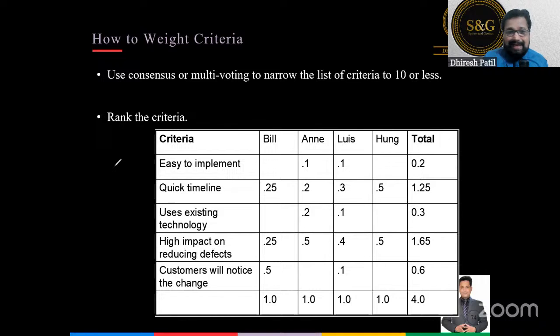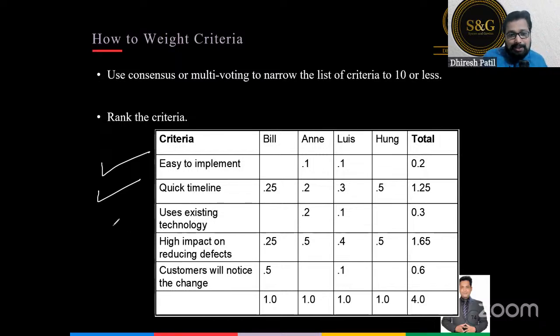This particular case has decided: ease of implementation, which is easy to implement. Quick timeline: what is the timeline for implementation? The solution uses existing technology, so it should fit the current technology, software and method we are using, or do we want to completely redesign with new technology?